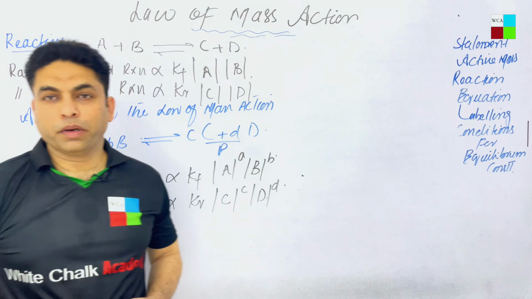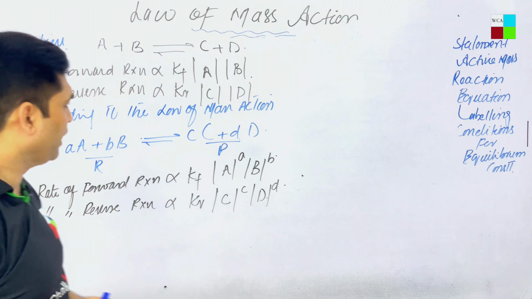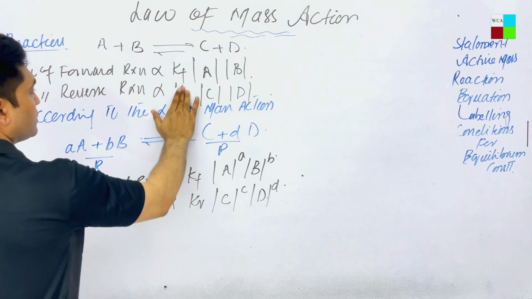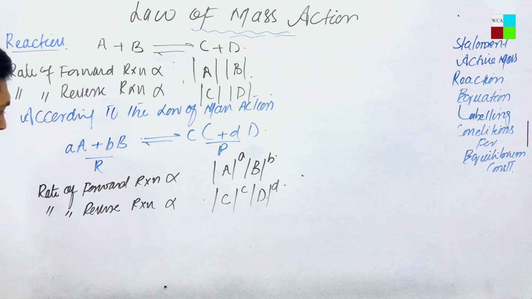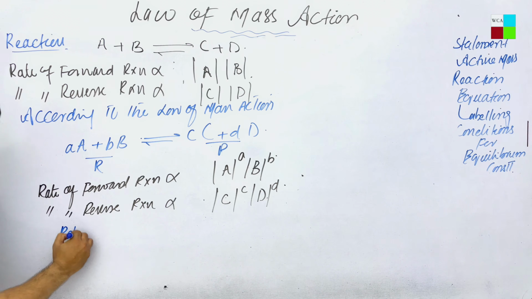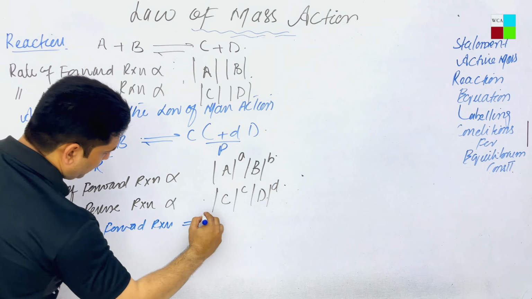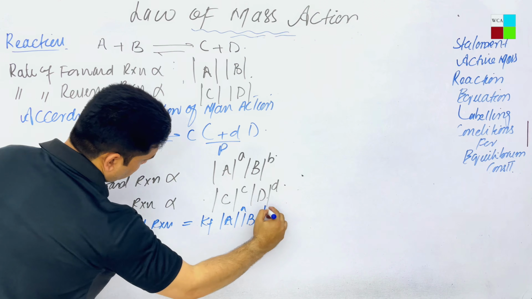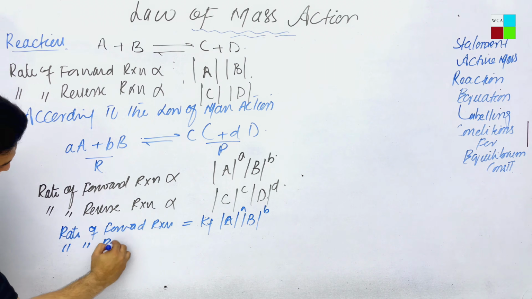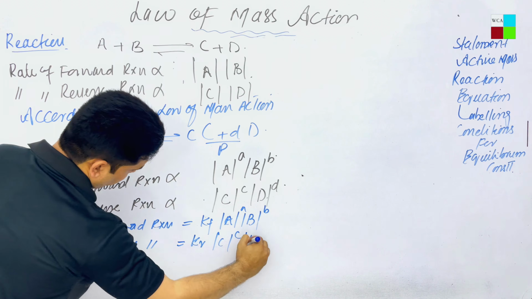Now by cross multiplying both statements, here you can do one thing. If you remove this one and this one, let's make it very easy. Okay, the rate of forward reaction is equal to Kf A and B, and the rate of reverse reaction is Kr C power c and D power d.